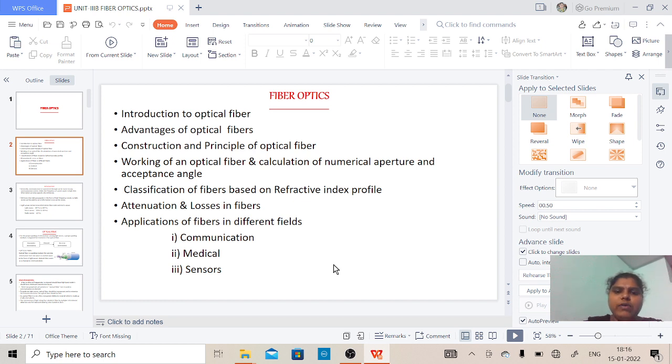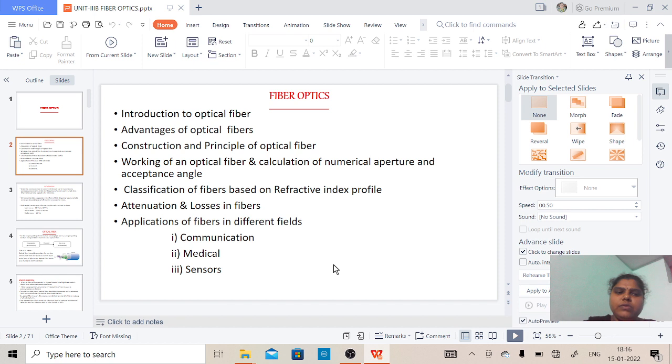For this we have a lab experiment also: to find the numerical aperture and acceptance angle for a particular fiber cable. Then classification of fibers based on refractive index profile, attenuation and losses in fibers, and applications of fibers in different fields like communications, medical, sensors, and so on.